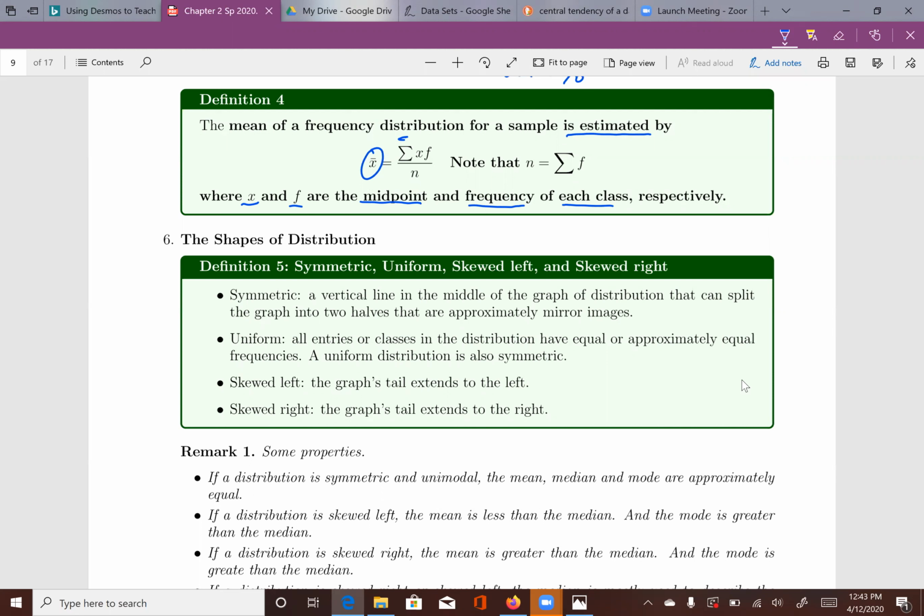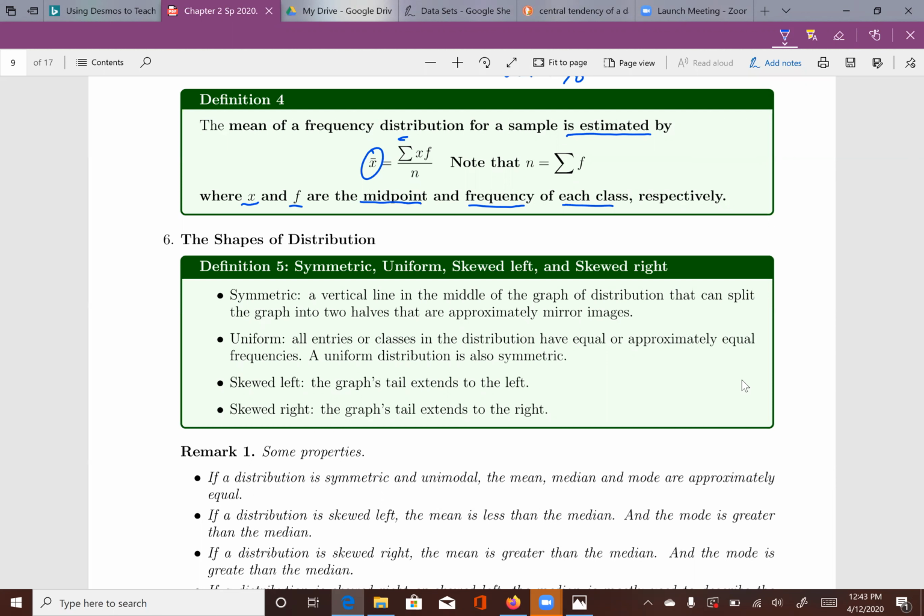Remember, in the frequency distribution, we have classes and we have frequencies, right? Now, x here is the midpoint of each class, and f is the frequency of the same class. So for each class, you multiply the midpoint and the frequency. And for all the classes, you sum all those products.